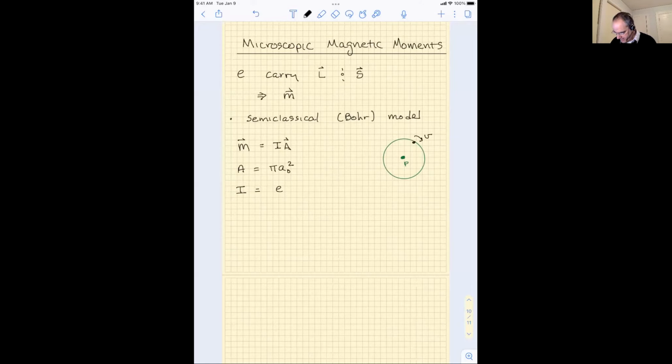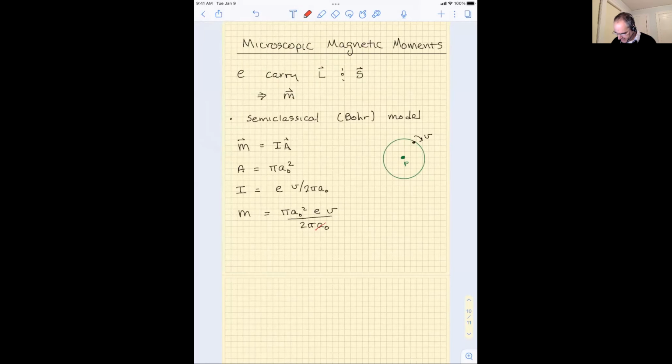So the current is equal to the charge times the orbital velocity divided by the circumference of the orbit. Because of course, that gives the orbital frequency. So then finally, the magnetic moment is equal to pi a naught squared e times the velocity divided by 2 pi times a naught.